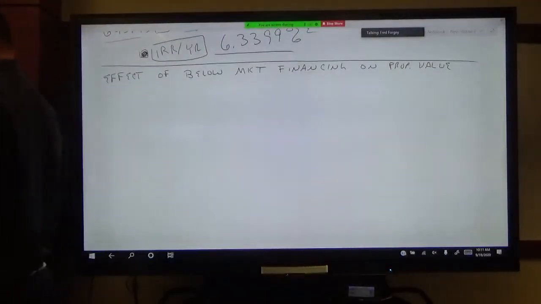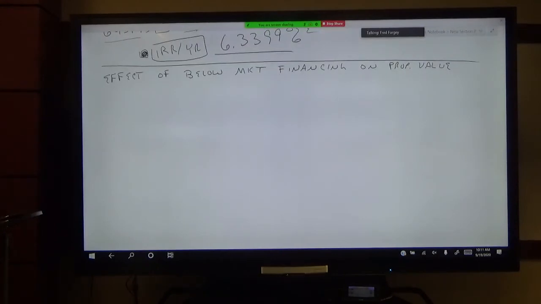Let's say we have a property out there, once again, 12 payments per year, $500,000 property, and let's say 20-year term, and the prevailing rate of interest in the market, let's say right now, is 7%.